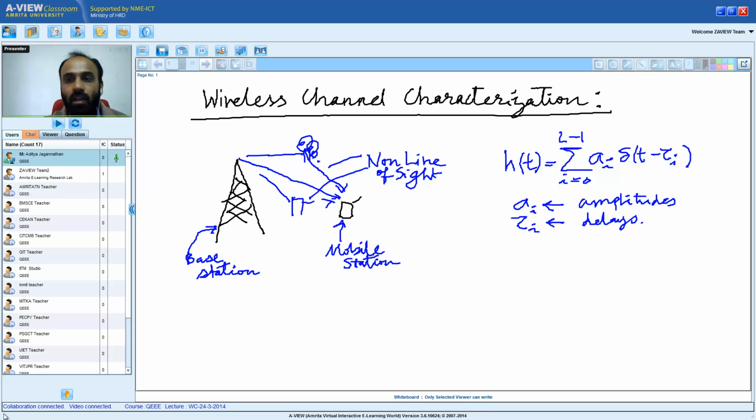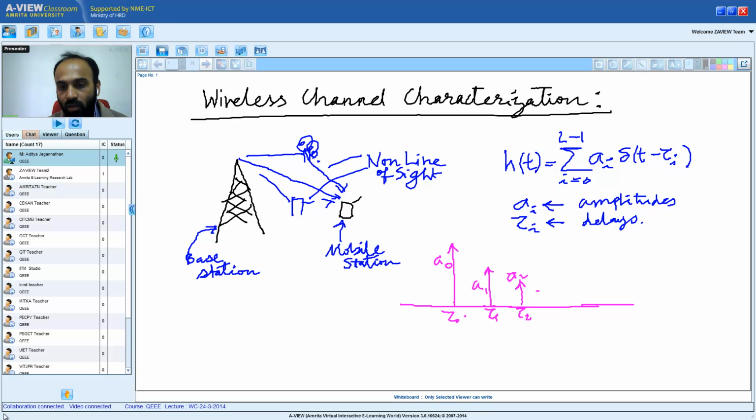So if I plot the channel impulse response, it looks as follows. There is an impulse a0 at time tau 0, there is an impulse a1 at tau 1, a2 at tau 2, so on. There is a L minus 1 at tau L minus 1.